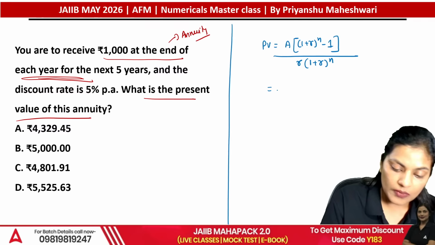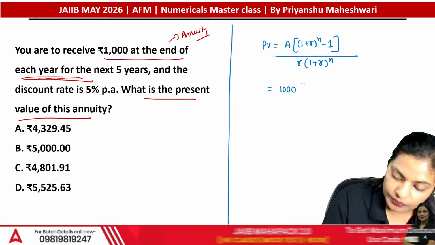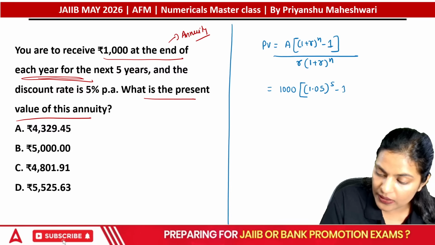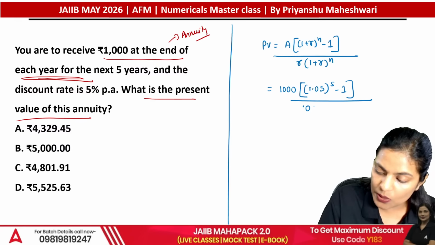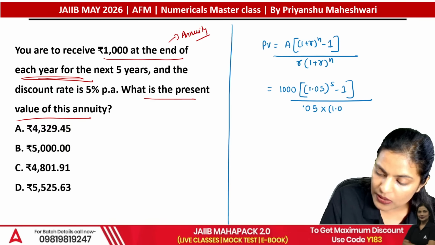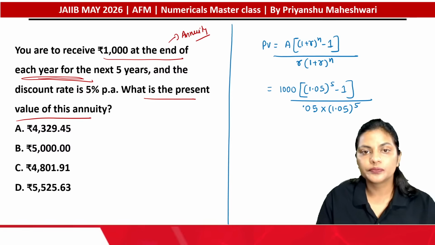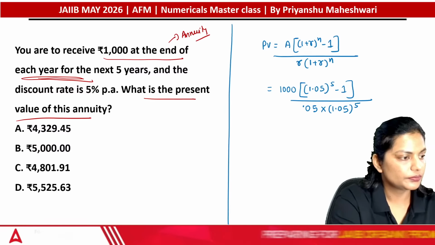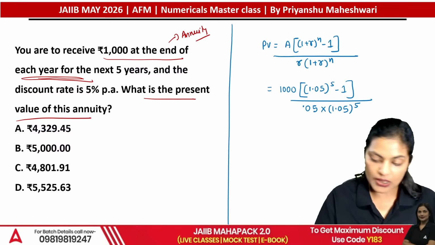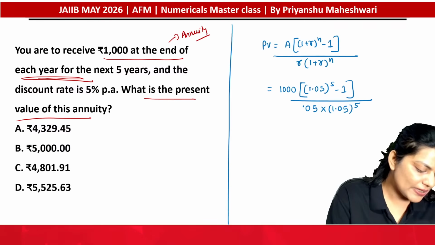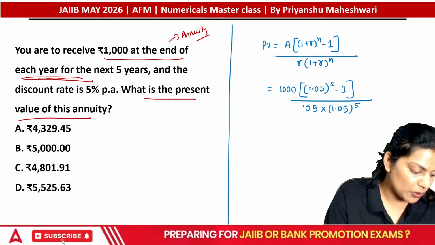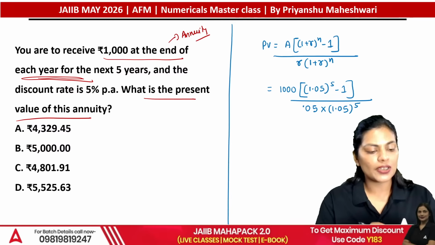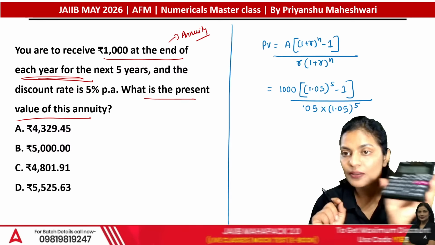Then, the annuity amount is 1000, 1.05 power 5 minus 1, upon 0.05 into 1.05 power 5. Correct? The answer would come as, now if you are facing any problem with power calculation, just let me know. 1, 2, 3, 4. So see, when there is a present value thing, just copy down the power.